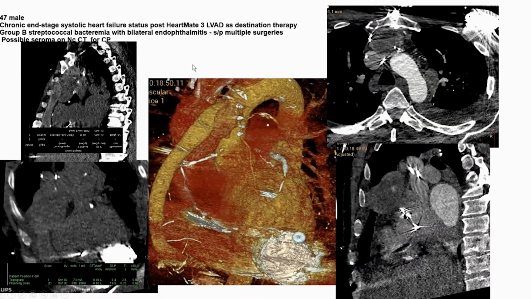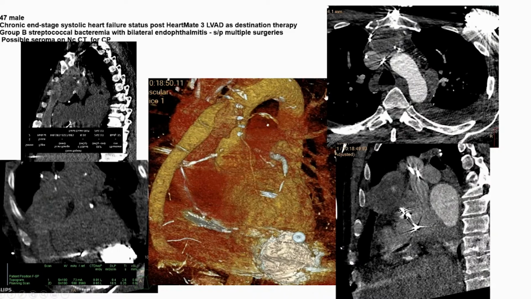And this is a case of a patient with HeartMate 3 as destination therapy, with recurrent bacteremia. As you can see, this is a non-contrast CT. As I mentioned earlier, just to give you some indication that something was wrong. This is the outflow graft, this is the aneurysm, so all this structure is abnormal.